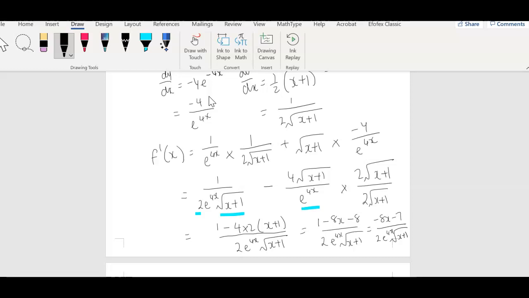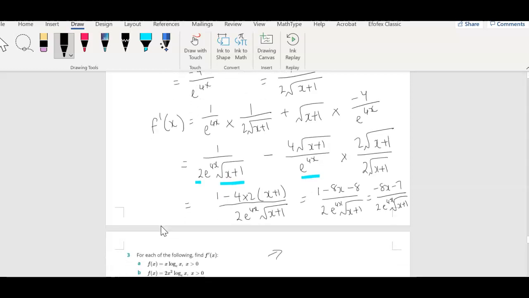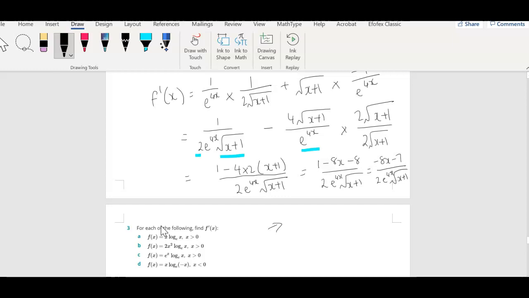Now that 2 on the denominator does not cancel because on the numerator we have 2 terms. So just make sure you don't cancel that 2 with the 8 or anything like that. All right, so do make sure that you can get to that final answer, and I just checked and that's what the textbook has got.